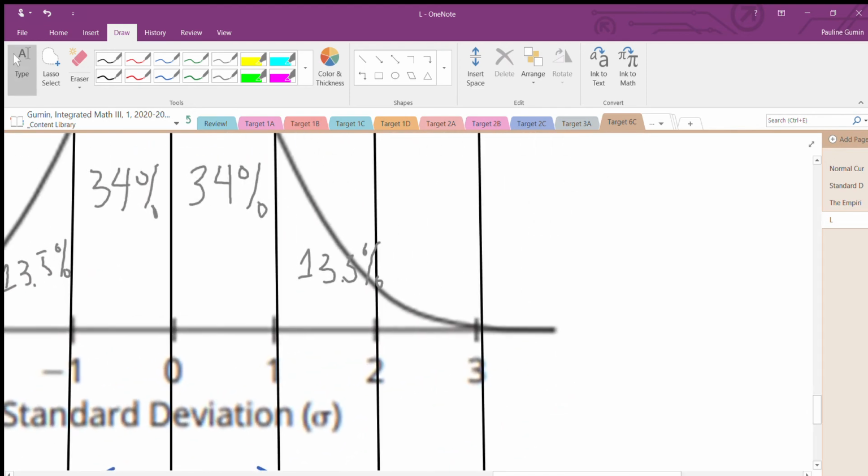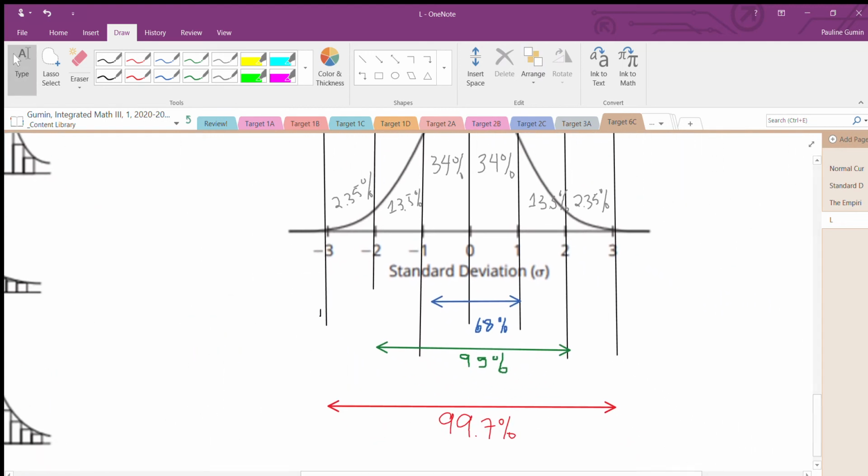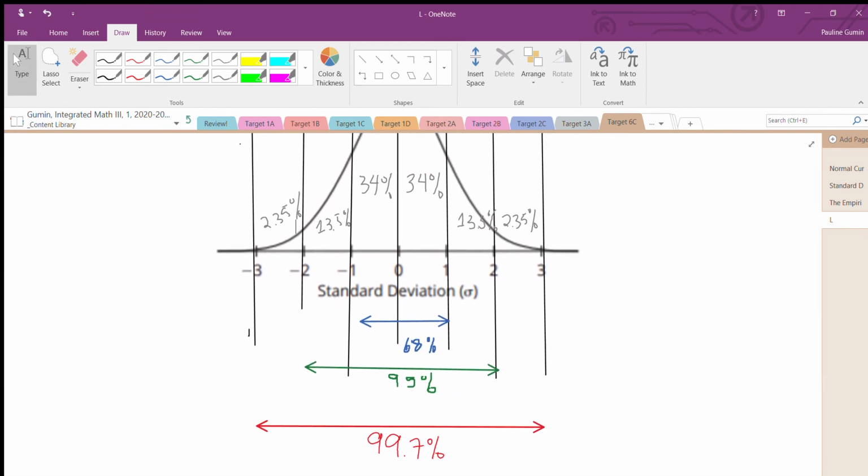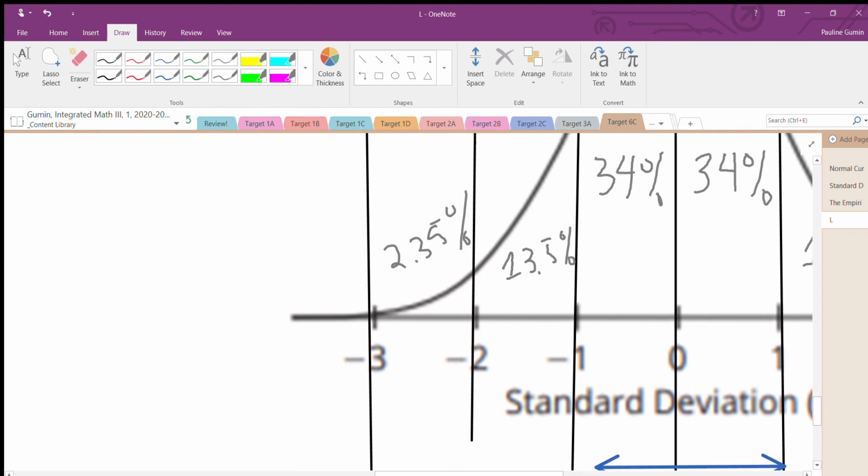Okay, well, how much percent does it contain? It only contains 2.35% of the data in this little section. And as you know, there is leftovers. It's not pure 100%. We have 0.3% left over that we need to split up, giving 0.15 of a percentage on each side.